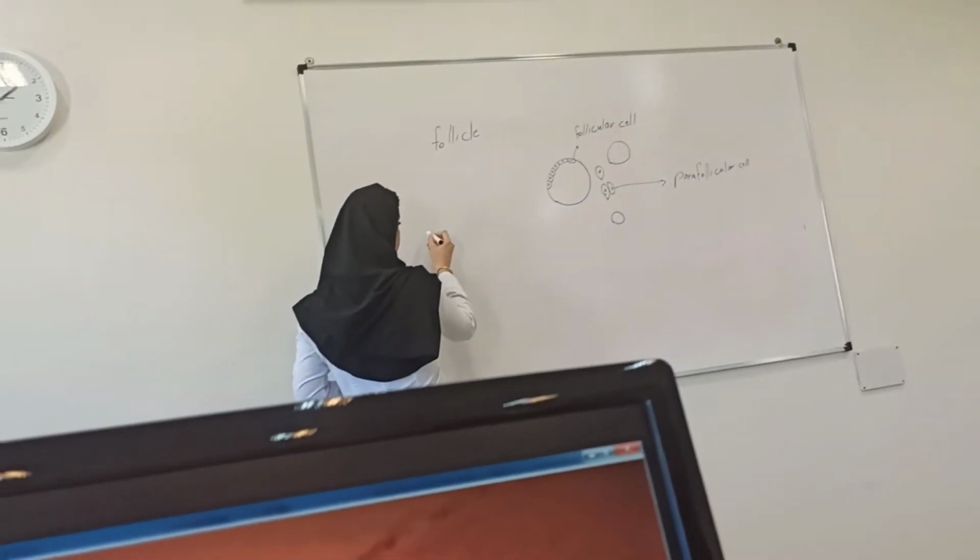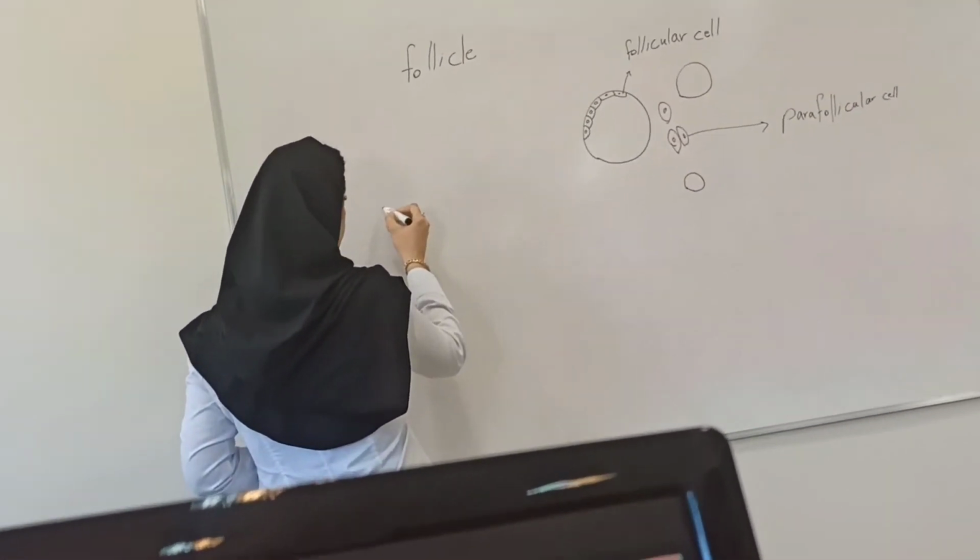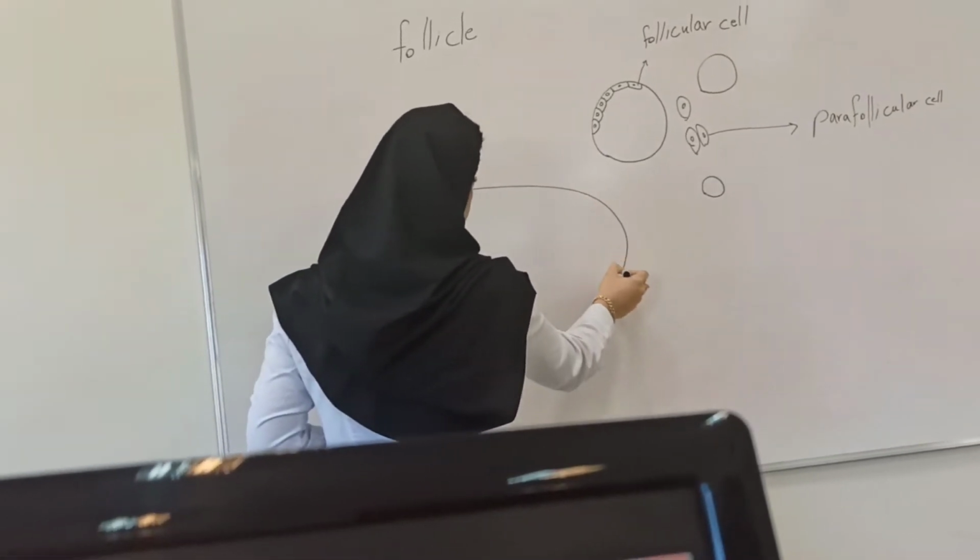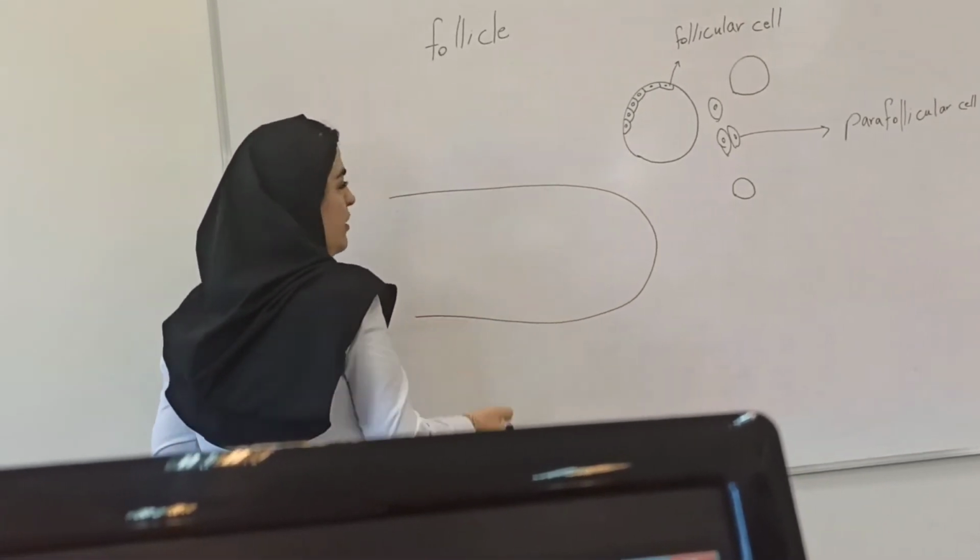The adrenal gland has 2 parts and a shape like this.